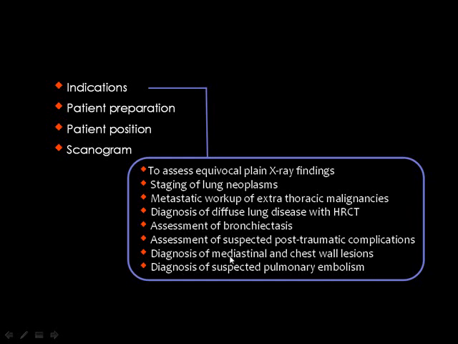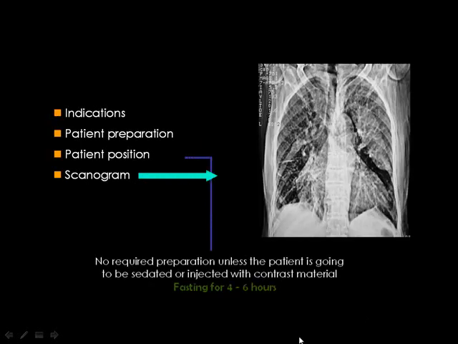But one of the important issues is the evaluation of suspected pulmonary embolism. This is the role of CT nowadays. CT is considered the first choice. Whenever you suspect pulmonary embolism, this is the first line of investigation, as I will show you in a moment.